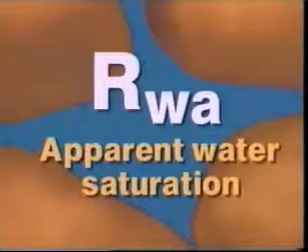Let's now try to calculate water saturation to see what fraction of the pore volume contains hydrocarbons. We haven't had time in this video to go through the full Archie equation, so let's instead try a quick look method that can provide a close indication of water saturation. A term R sub WA is used to indicate an apparent formation water resistivity.